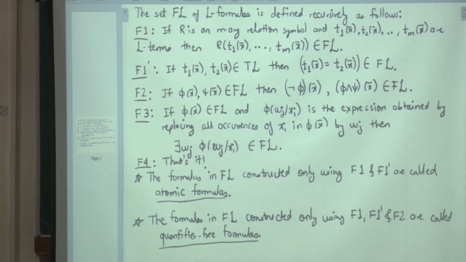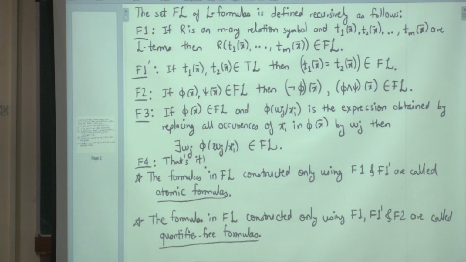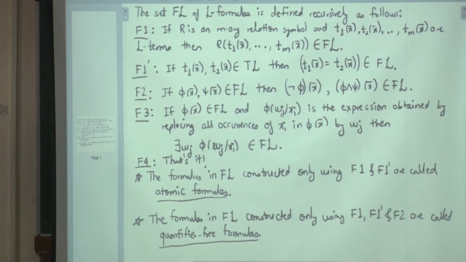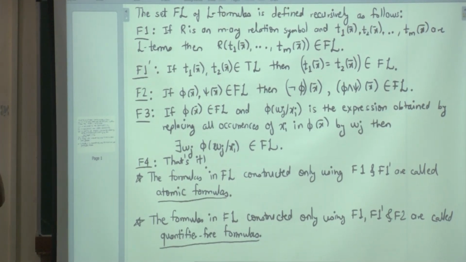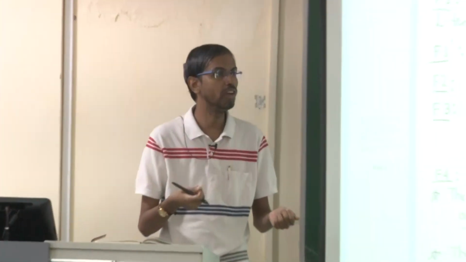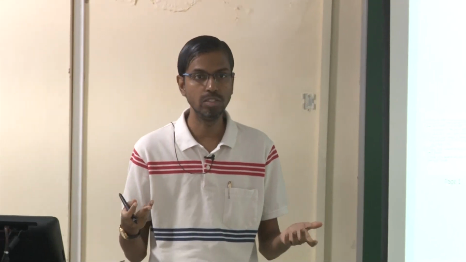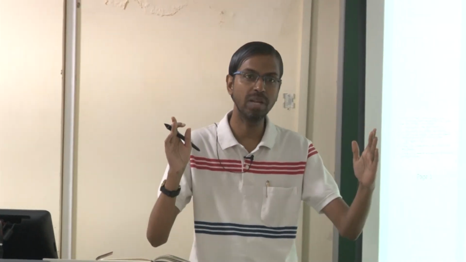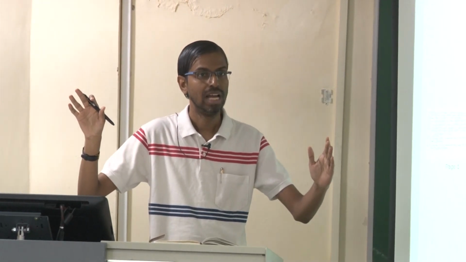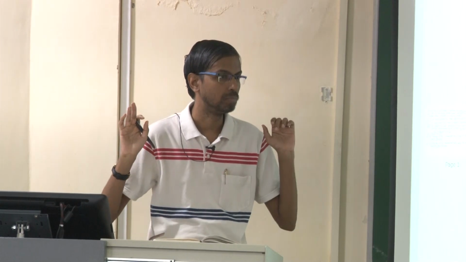If phi is a formula and phi with wj replacing xi is the expression, and by expression I do not mean formula, you simply take all the occurrences of xi and replace them with wj. Whatever expression you obtain, you put there exists wj at the front, and then that becomes a formula.